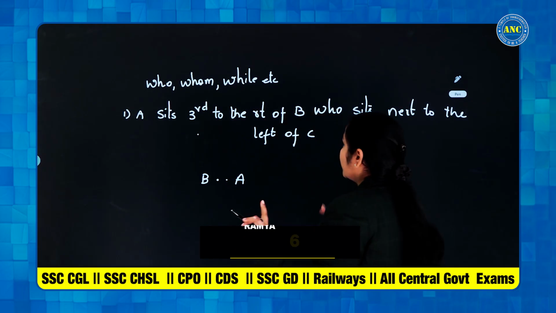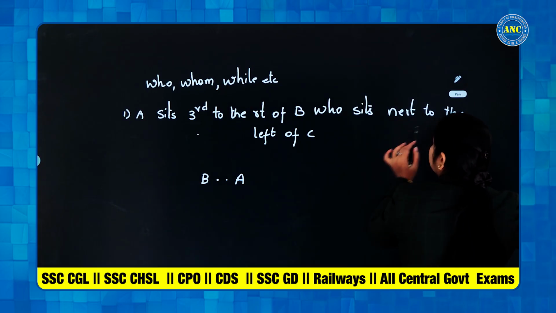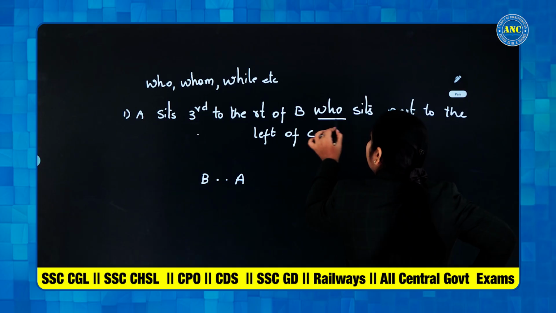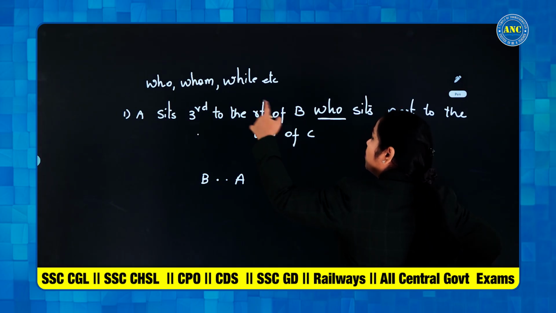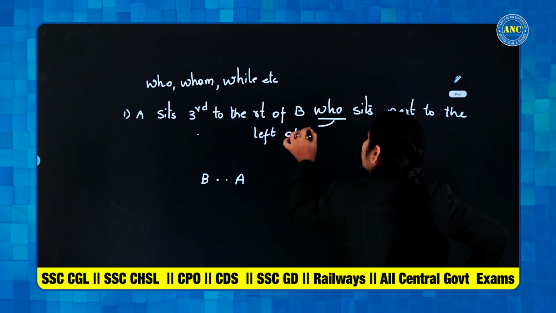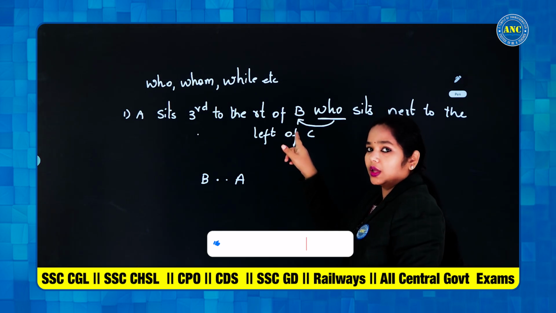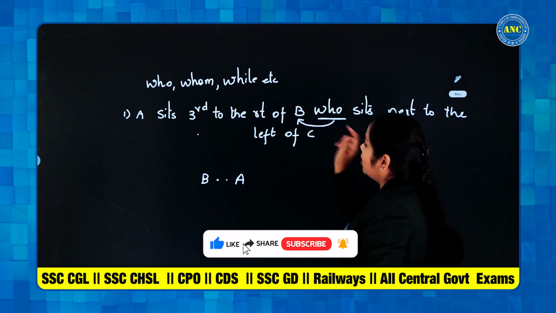This is clear, no? Next, who sits next to the left of C? When there is a word who or whom or while, this indicates the second person we are talking about. So, that means we are talking about B here.